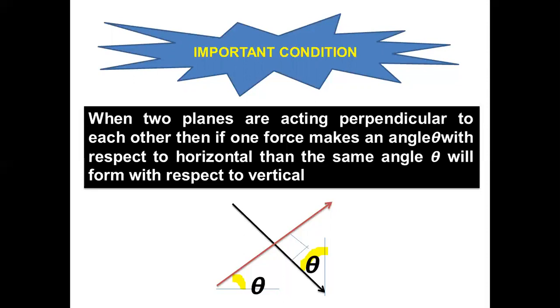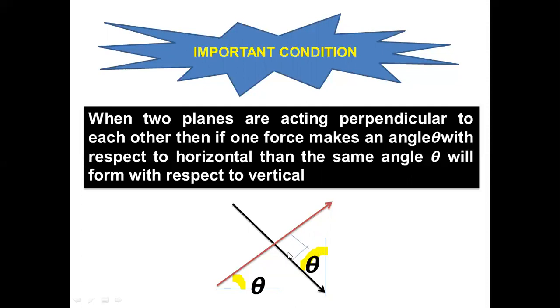How to prove that? You see here, these are the two planes which are acting perpendicular to each other. If the first plane is making an angle theta with respect to horizontal, then the same theta will form with respect to vertical in the other plane.